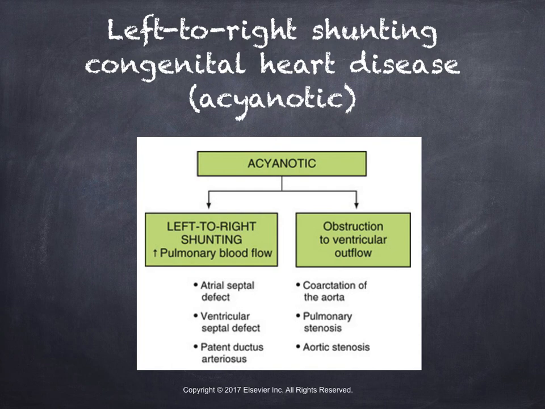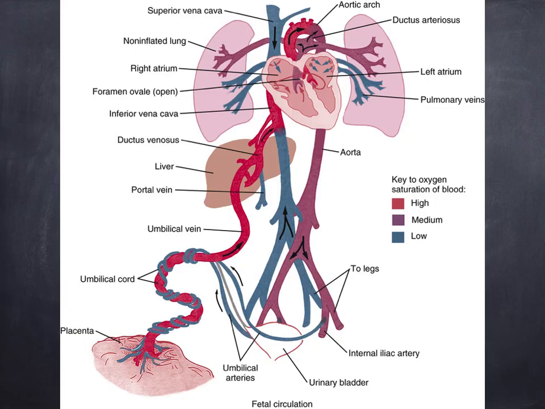There are two defects in the circulation which are normal in fetal life, and one of them is the ductus arteriosus, and the other one is the foramen ovale. And here is a picture of the fetal circulation, and you'll note the foramen ovale is between the two atria.